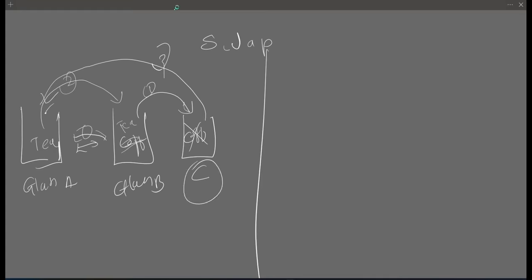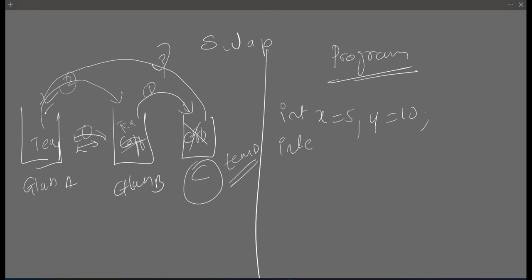Now the same logic applies in programming. Consider we have two variables, x is equal to 5 and y is equal to 10. So we need a third variable, which is a temporary variable, or temp.